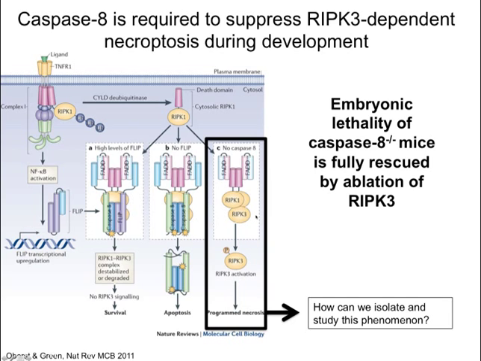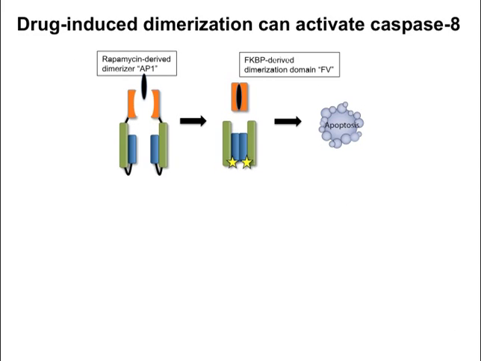And so we wanted to really zero in on the formation of these complexes that lead to the activation of programmed necrosis. And so to do this, to try to eliminate some of the complexity of this pathway and just focus on this necroptosis-inducing complex, we borrowed a trick from the study of the caspase proteases.